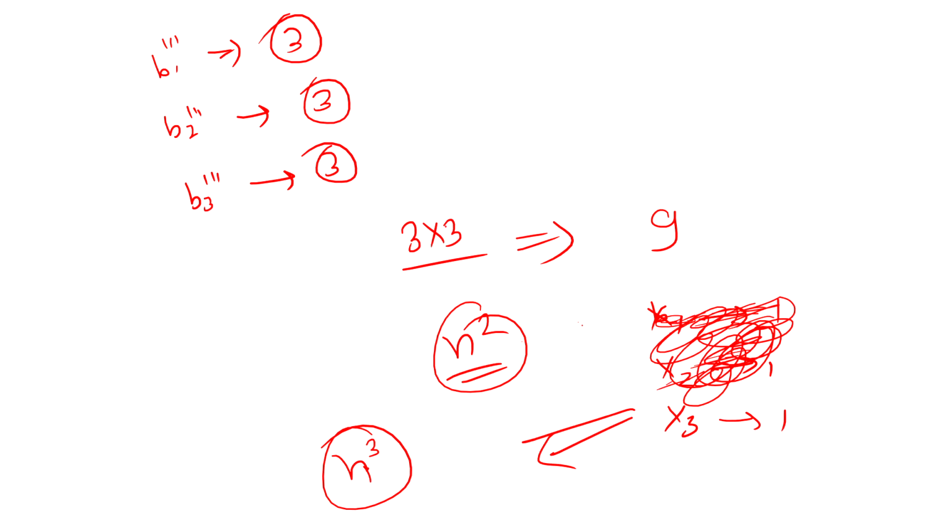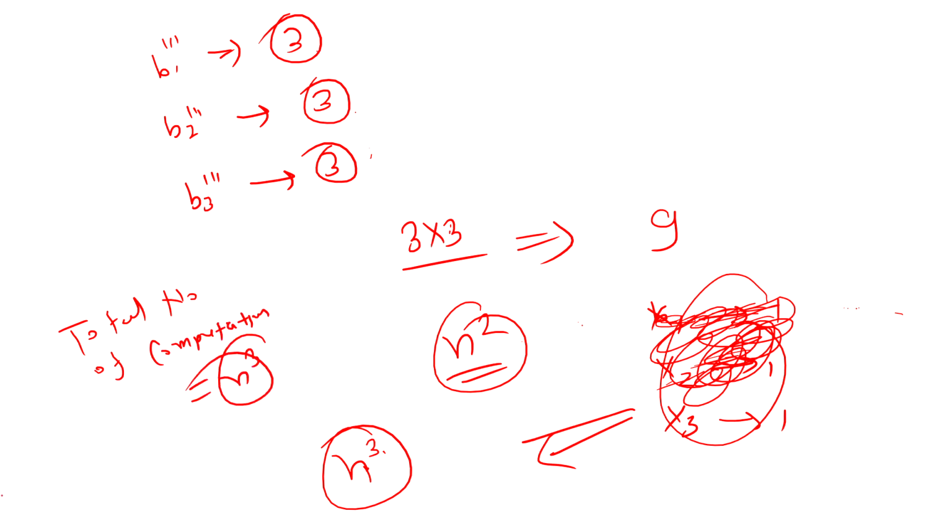So 9 operations are applied, which makes it order of n square. And yes, that is true. So 3 operations are also there here, so we will have n to the power 3. So the order of total number of computation is n to the power 3. So this is the order of this Gauss elimination method. I hope you got this idea.